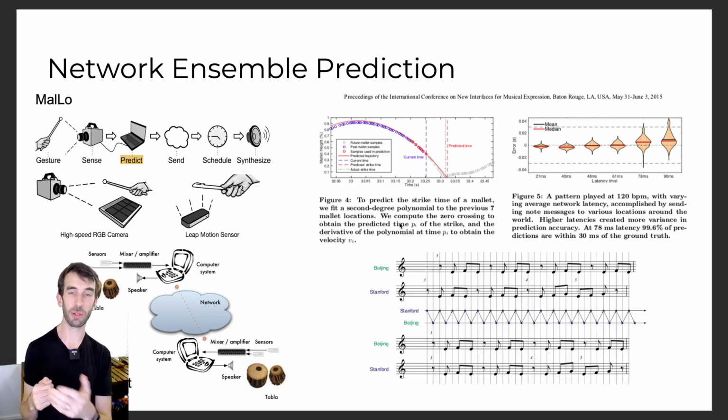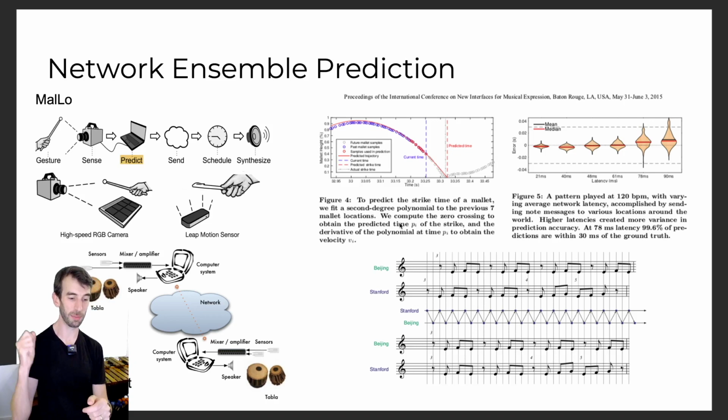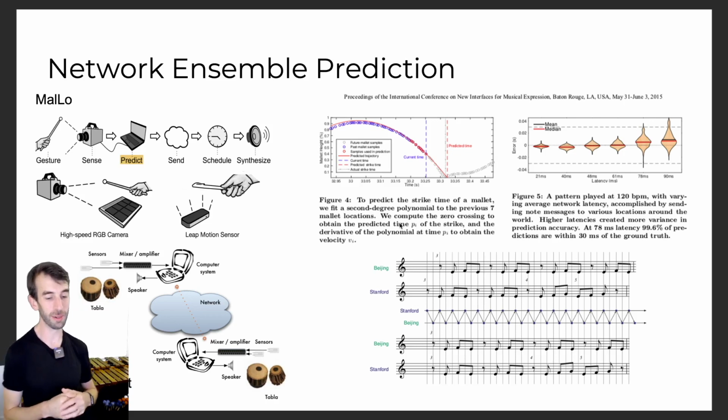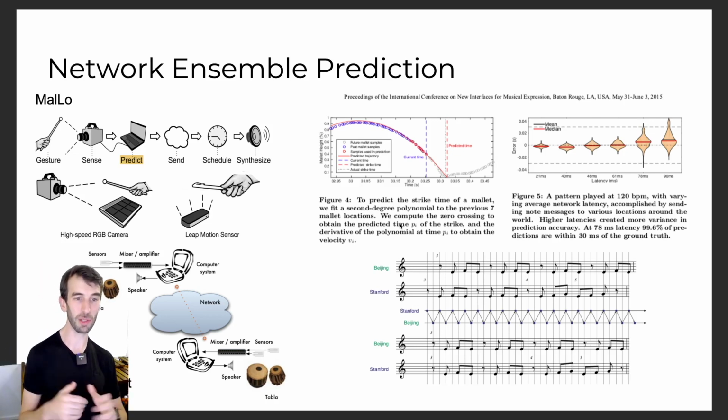This is something which can work really well with percussion sounds, because if you're playing an acoustic instrument with a stick, it takes an amount of time for the stick to come down towards the instrument. And as that stick is coming down, the closer it gets, the more sure you are of exactly when it's going to hit. So there's a system called Mallow, where researchers used cameras and some computer vision techniques to predict when these signals would reach the other end.